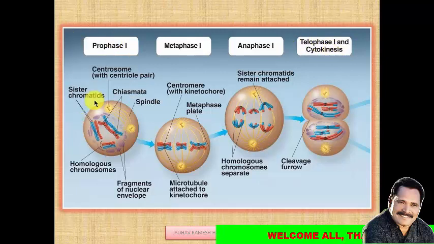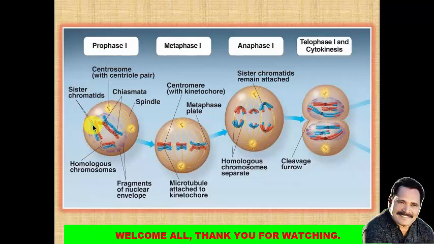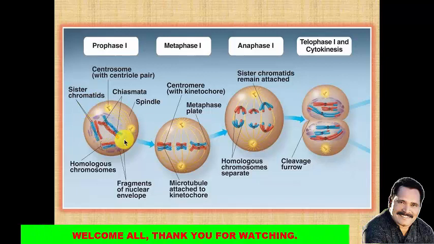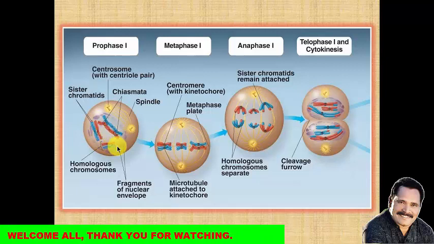In prophase first, the chromosomes are thin thread-like structures. Here the breakdown of the nuclear membrane takes place. The nucleolus and nuclear envelope start disappearing.